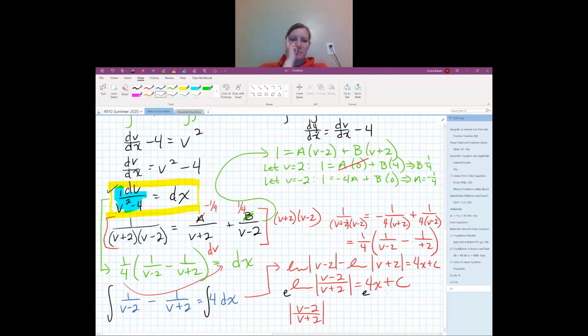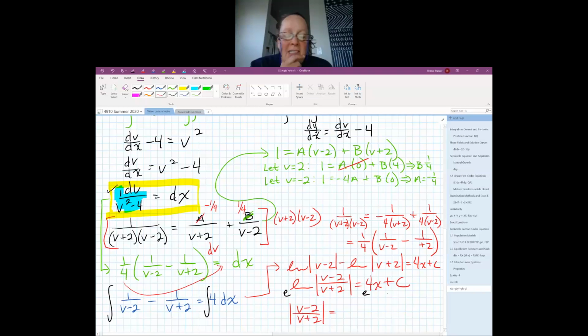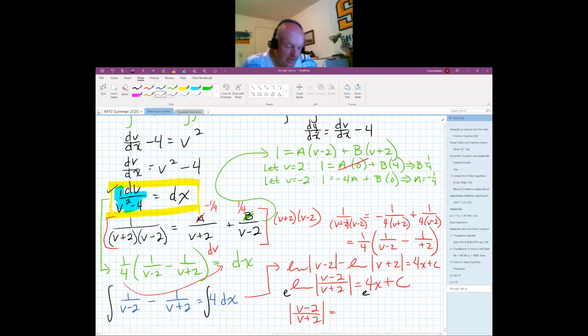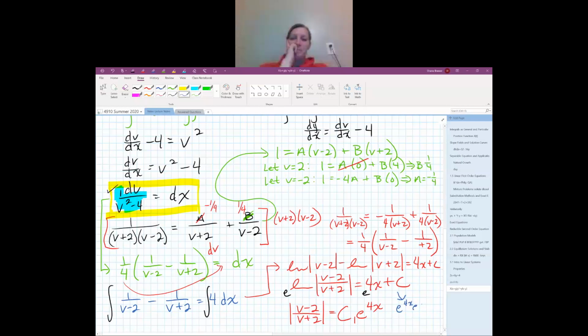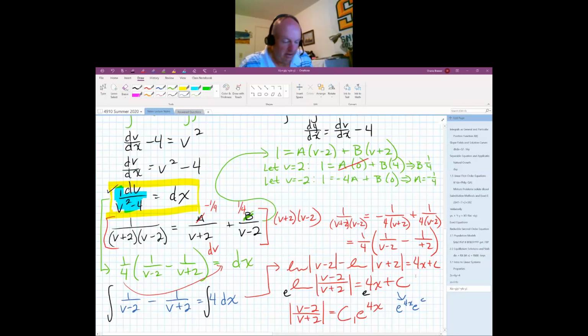Okay, that's where I get, oh, because you're exponentiating both sides. Okay, never mind, that's right. How about this one? You guys good with this one? Because that right side goes e to the 4x times e to the c, right? And so this is just some number, some constant.